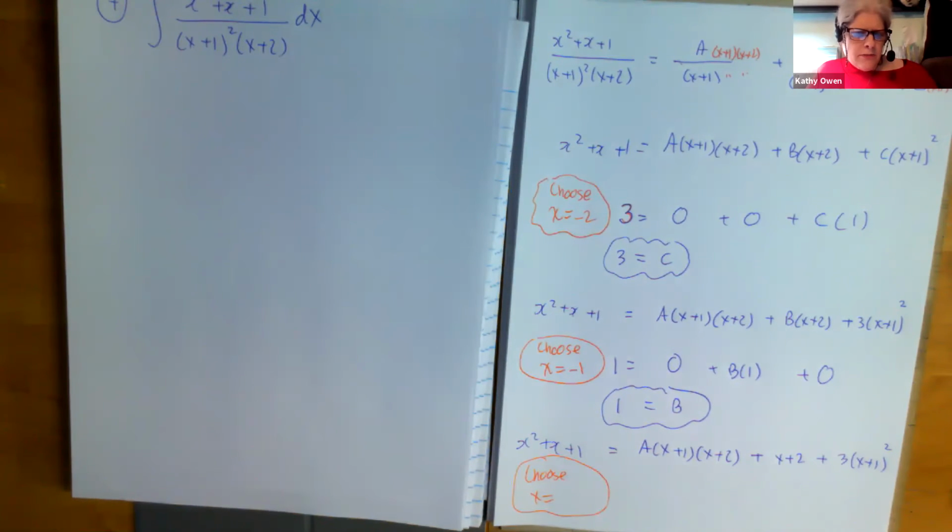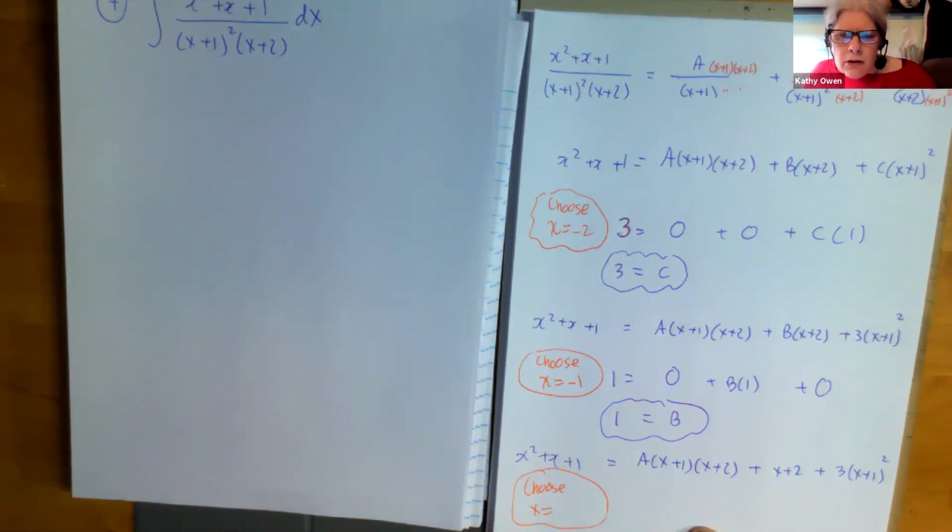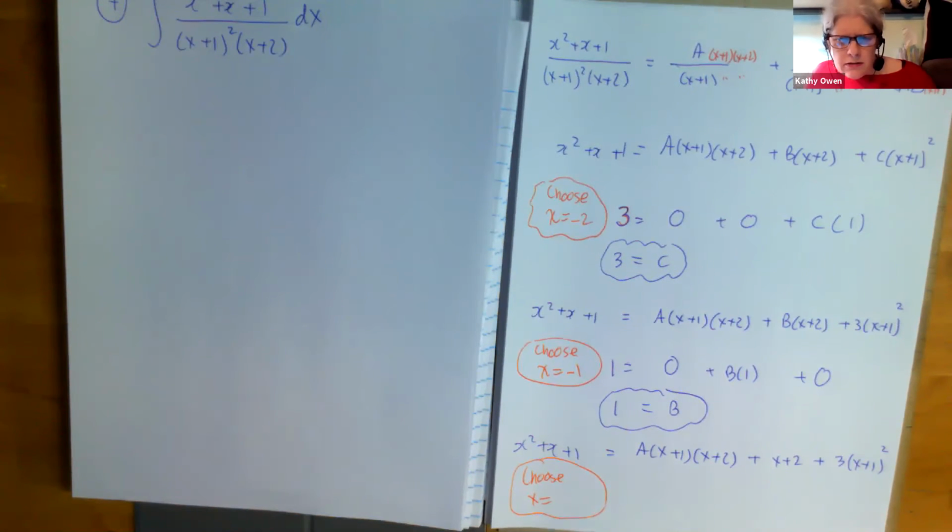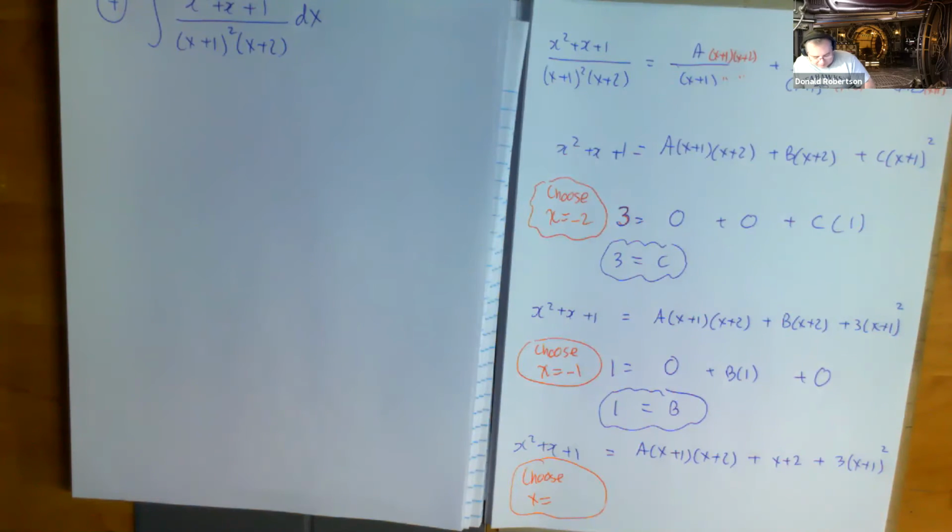Did I miss your explanation on how we got rid of the x plus 1 on the B? Oh, never mind. I was looking at it differently. We're fine. We're good.